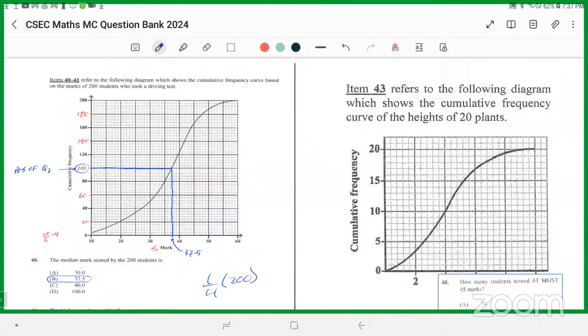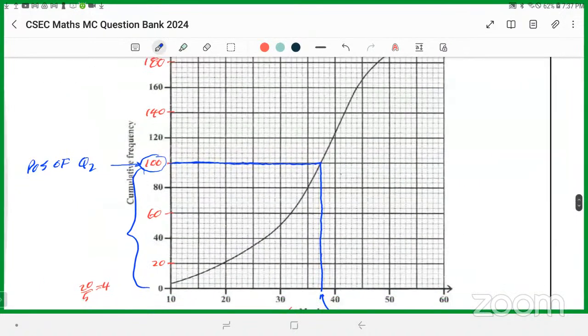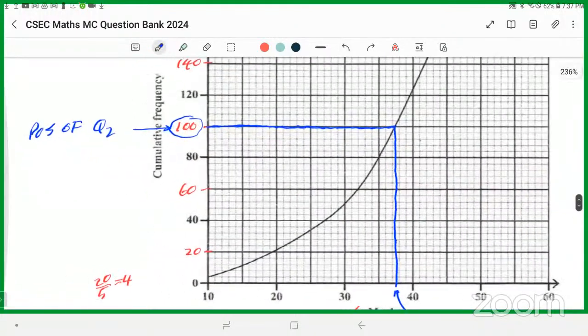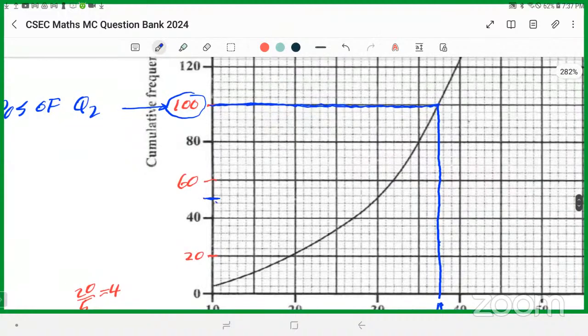Or you could say it's the middle of the bottom 100 right here, so this is the 50th student, middle of the bottom half. So the 50th student is Q1, which is right in between here. Is where 50 would be. So this now will be the position of Q1.